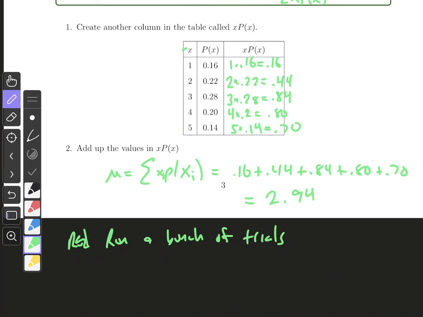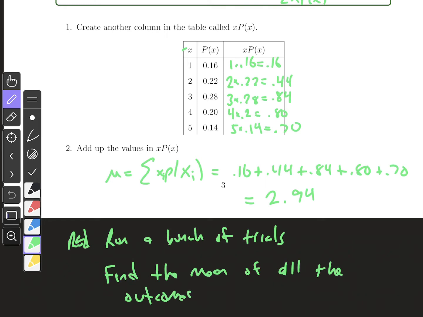If you run a bunch of trials and find the mean of all the outcomes, it will be 2.94.